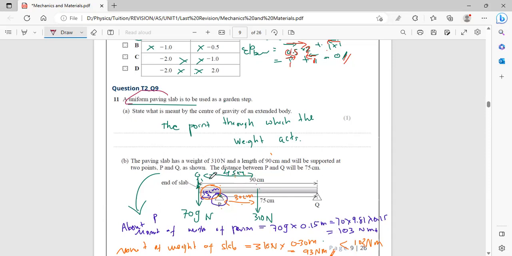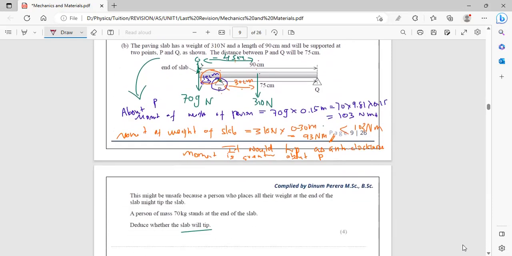So I have marked 310 and the length from one of the ends to the center of gravity. That is 45 centimeters, half of 90. And it will be supported at 2 points, P and Q. The distance between P and Q is 75.